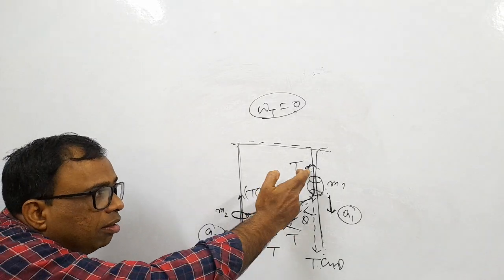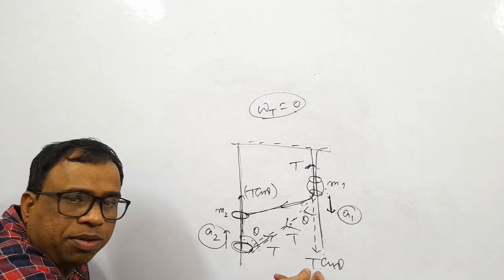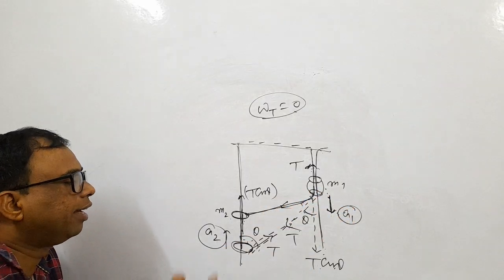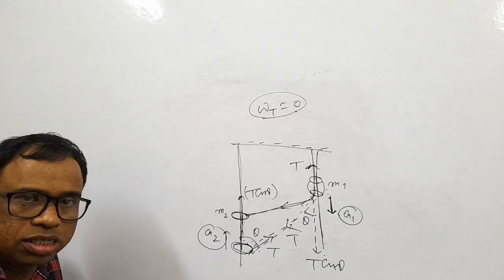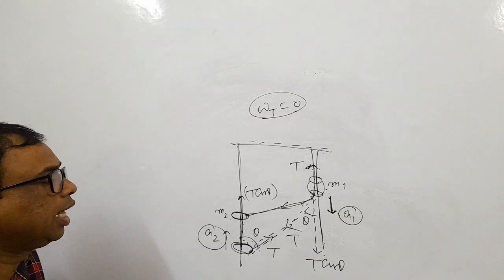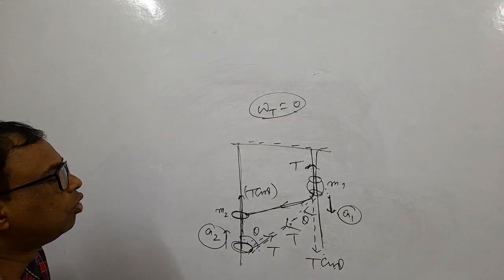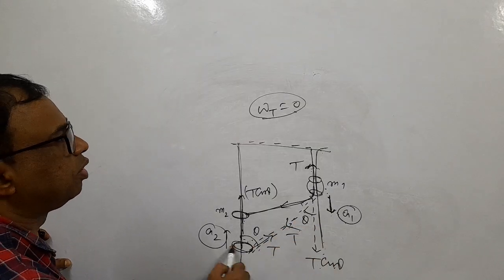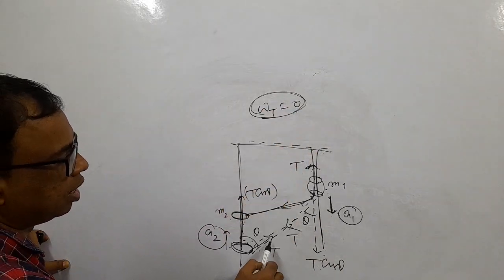So here the effective tension of M1 is T minus T cos theta, and here the effective tension is T cos theta.